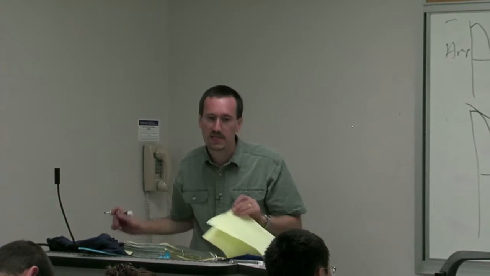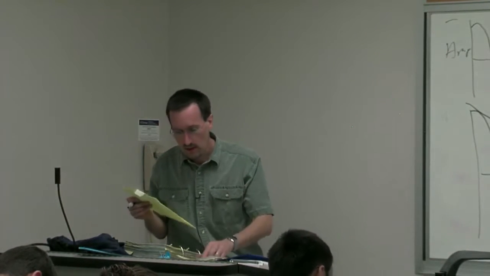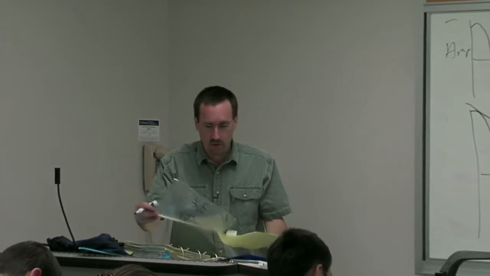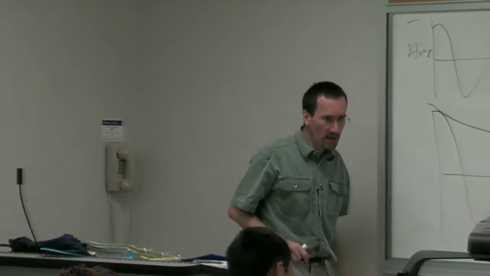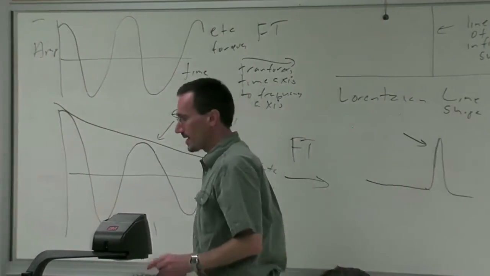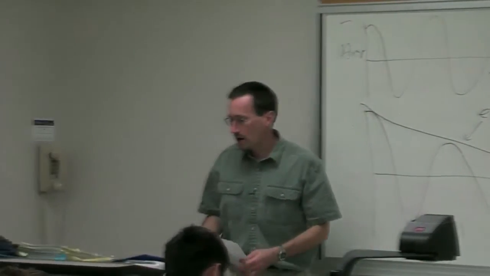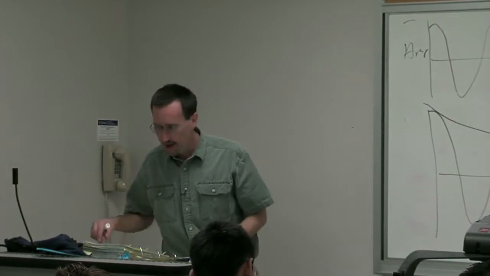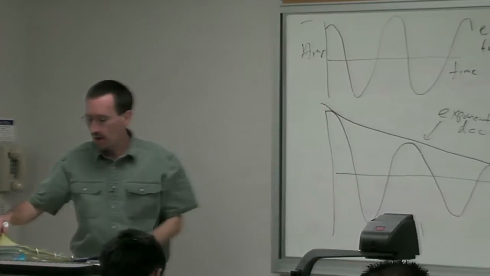And you'll later on see I have a simulation program that incorporates this that you'll get to play with. However, the main point is peaks are not infinitely sharp, and this doesn't go on forever.